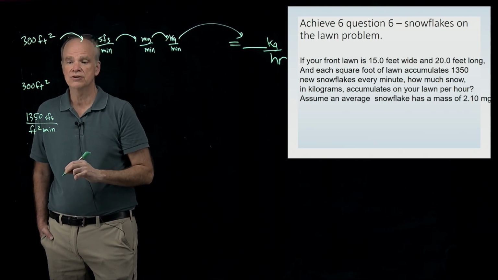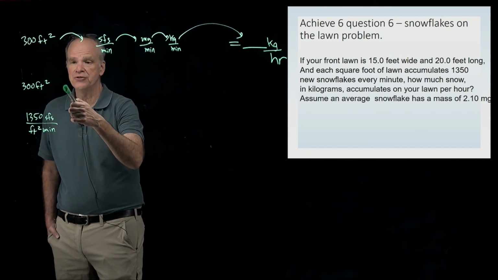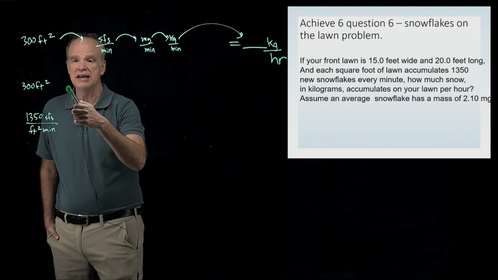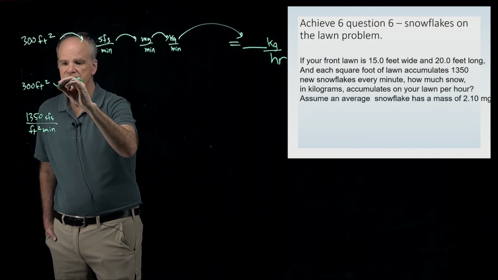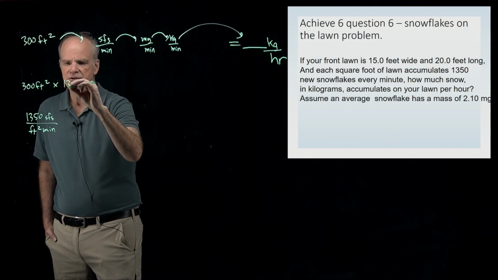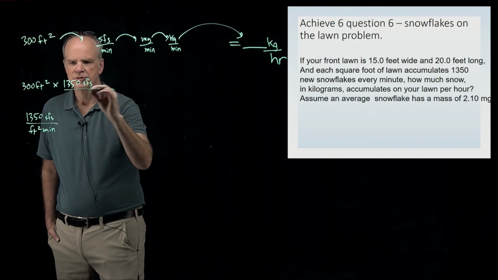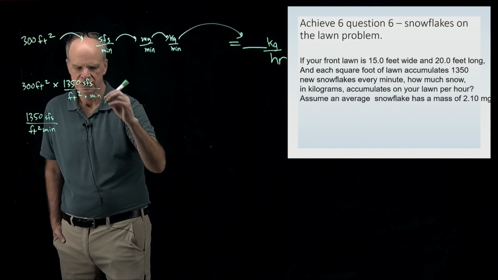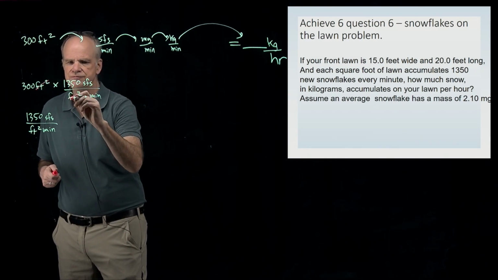That will work, okay. So now I think you can sort of see that you can add this fraction here and feet squared cancels out and you get snowflakes per minute. So let me go ahead and put that there. So it's 1,350 snowflakes per foot squared times minute. And so you can see now that foot squared cancels out.